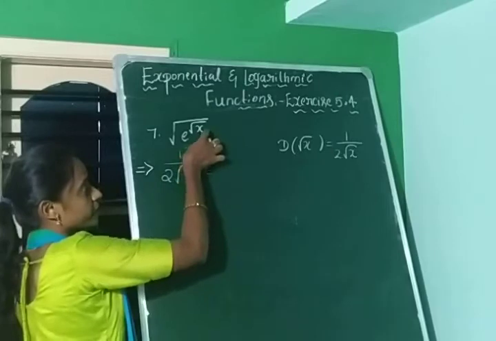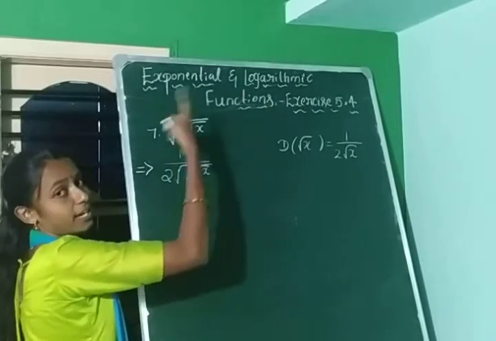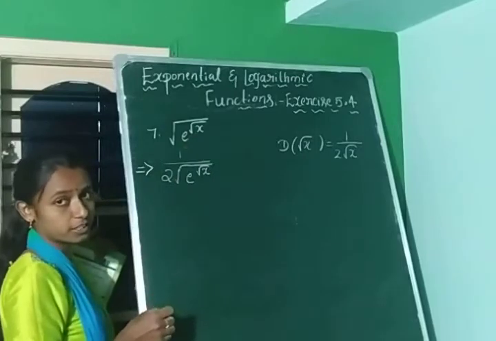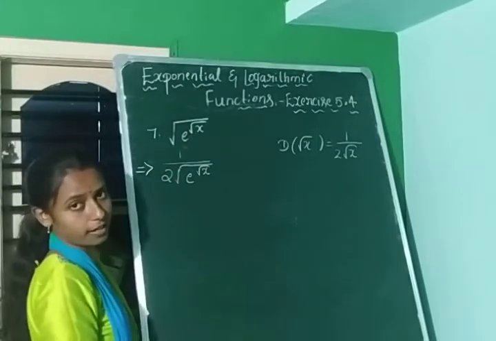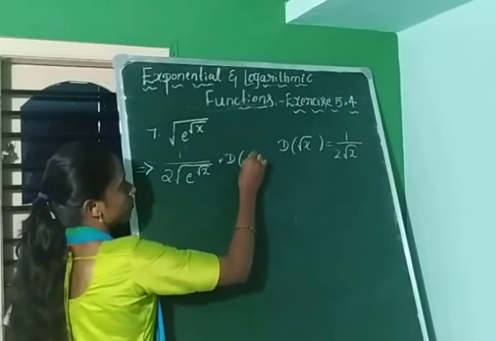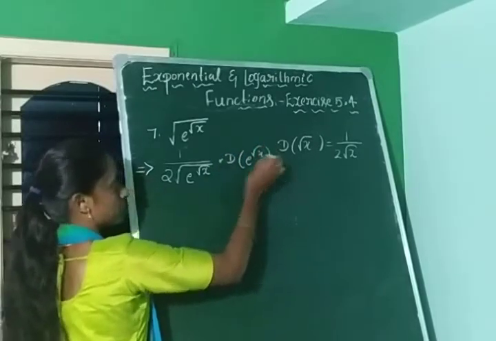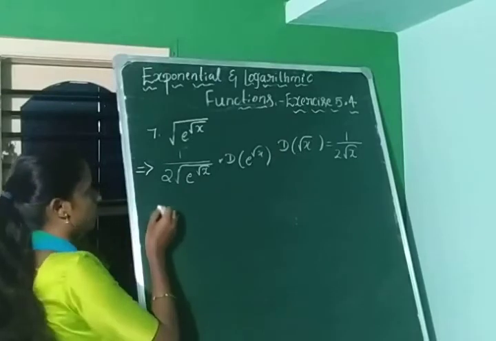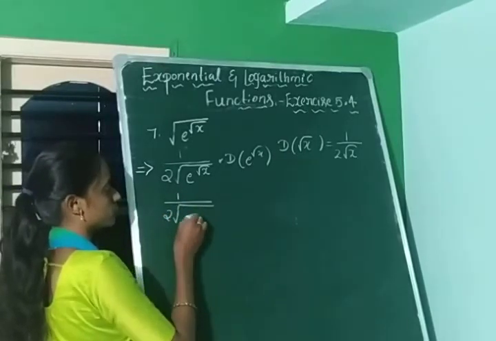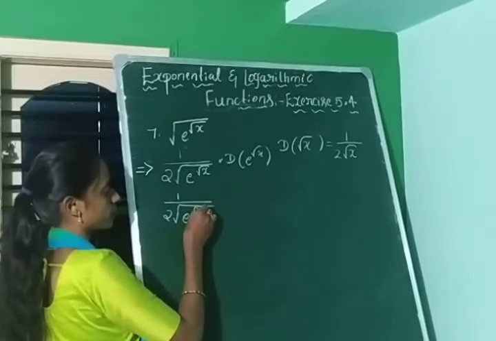Okay. Within this inner function, you have one more different function. It is nothing but exponential function. In that case, you need to differentiate again, right? So it is nothing but derivative of e power root x. Don't mess up with the concept. So 1 divided by 2 times root of e power root x.